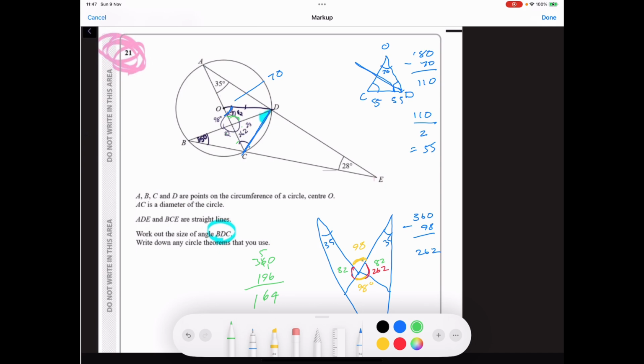So we know, using O, and this is X in the middle, OXD, we know that this is 70. We know that this is 82, I think. And that takes us to 152. So we know that this little bit here is going to be 28.